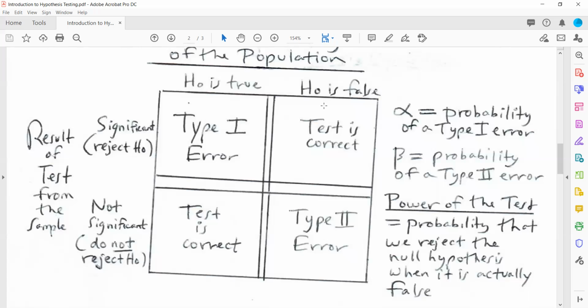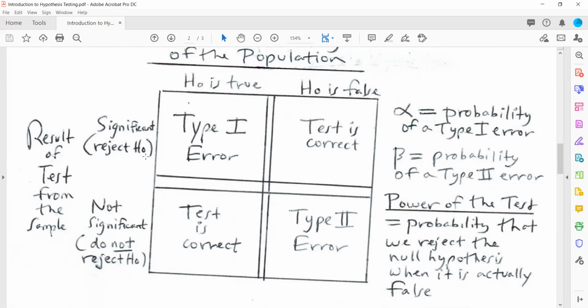So if we consider the example of a person in a criminal trial for committing some crime, the district attorney thinks they committed a crime.